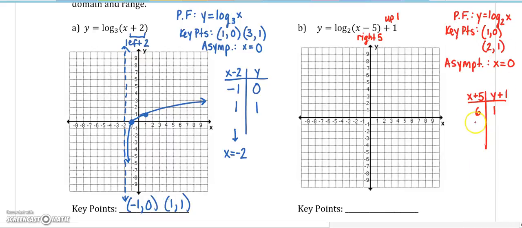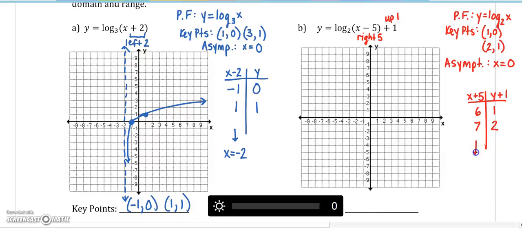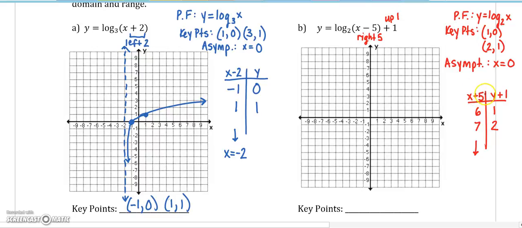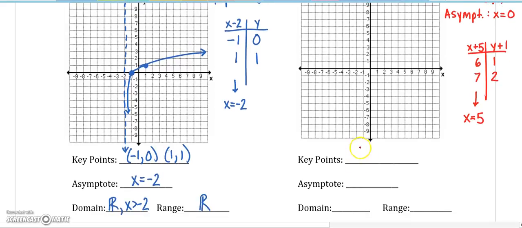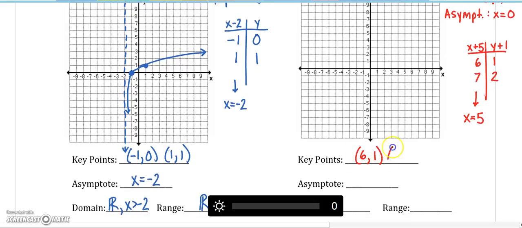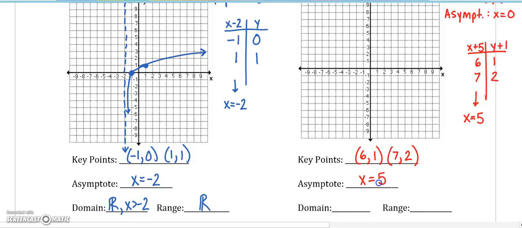And then 2, 1 would turn into 7, because 2 plus 5 is 7, 2, because 1 plus 1 is 2. And again, my asymptote, since it's x equals 0, is only affected by the x's, x plus 5, so my new asymptote is x equals 5. So my key points are 6, 1, and 7, 2. And my asymptote is x equals 5.